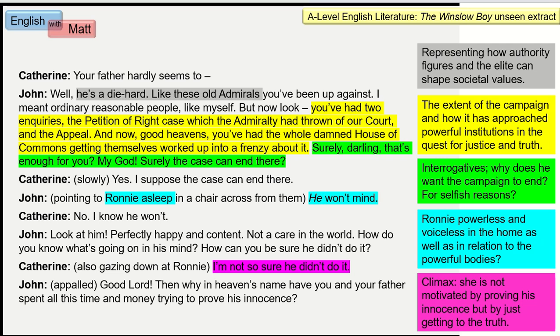But you might want to pick at this yellow section to remind readers of the extent to which this court case or this campaign has really escalated into the higher echelons of the British system in terms of justice and truth. So not only have they had multiple cases, so they've had 2 inquiries and an appeal, as well as a petition of rights case.